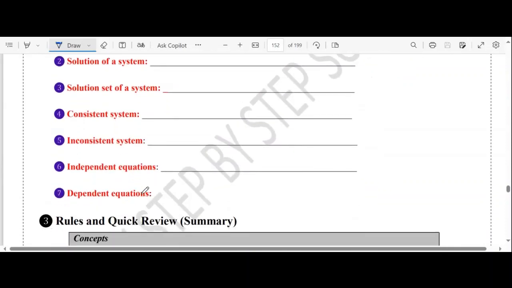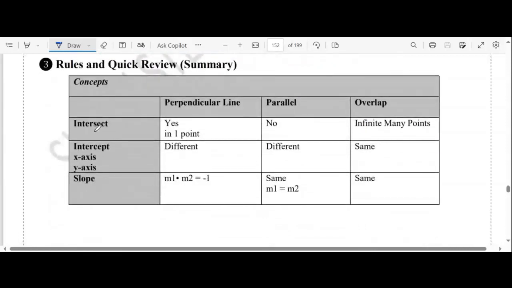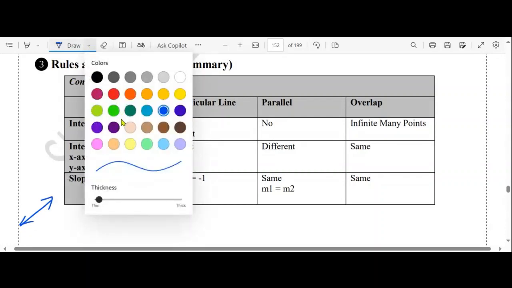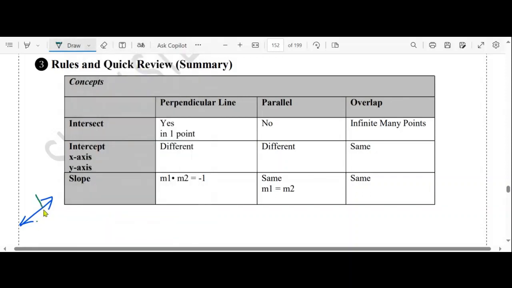All right, let's take a look at the rule. Rules and quick review. When the lines are intersecting, they intercept in 1 point. Okay? Basically, they intercept here in 1 point, but there are some graphs that can intercept in more than 1 point. You can have a graph like this, and then the other graph looks like this.